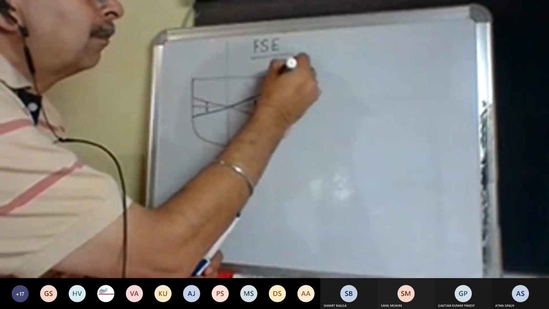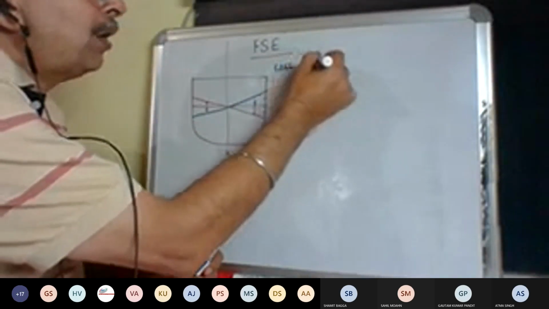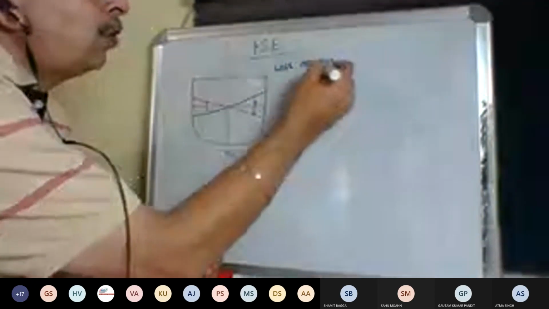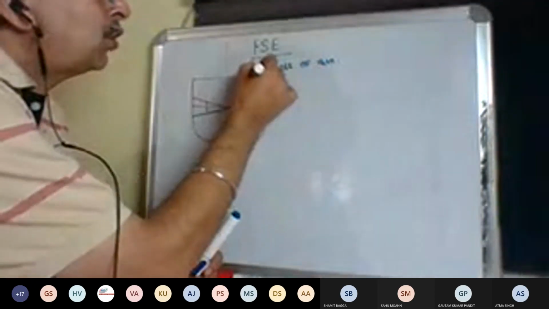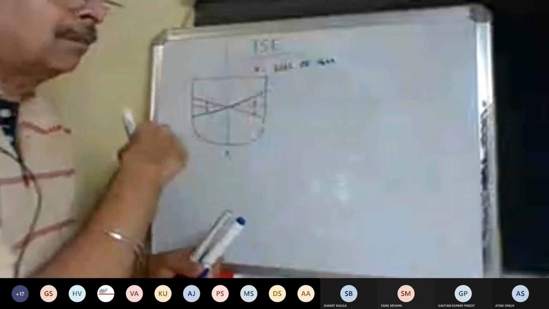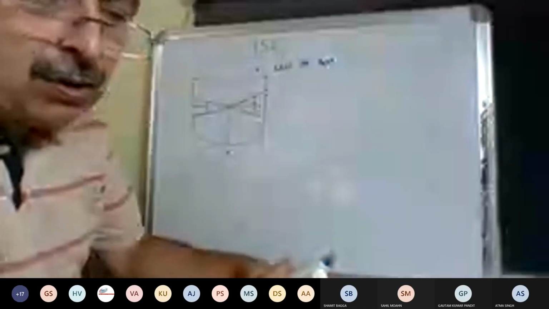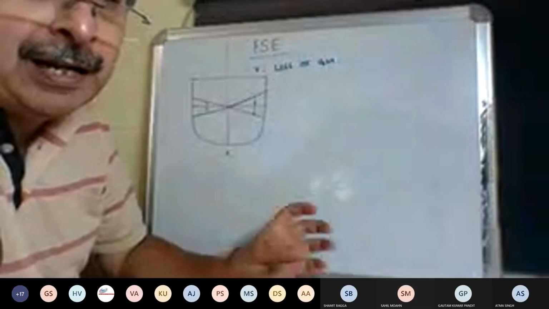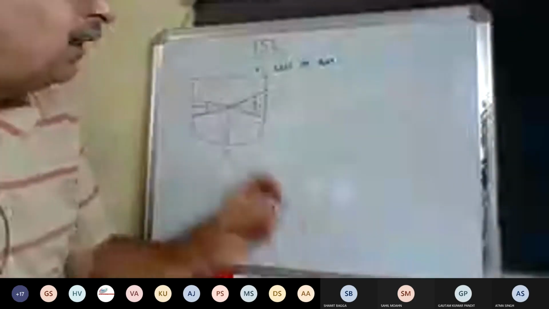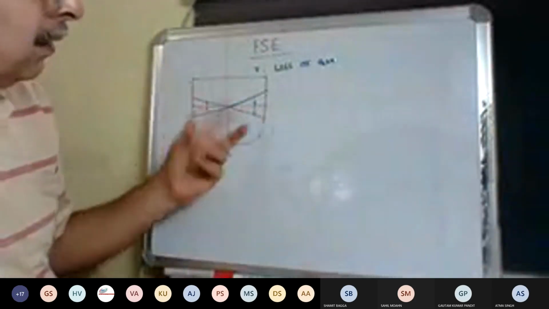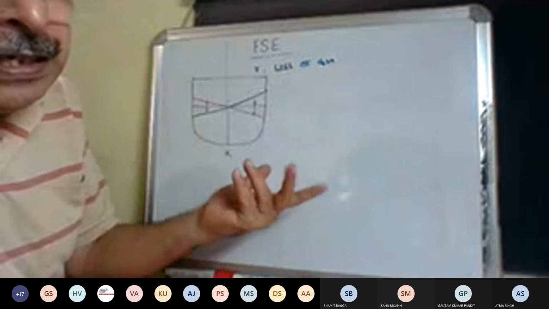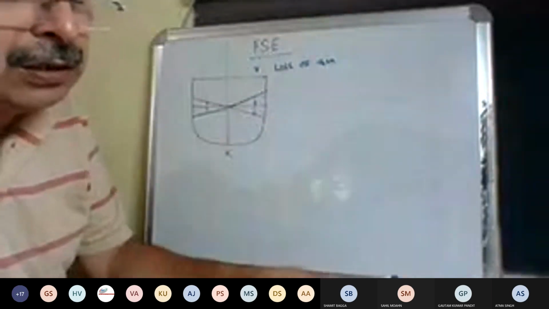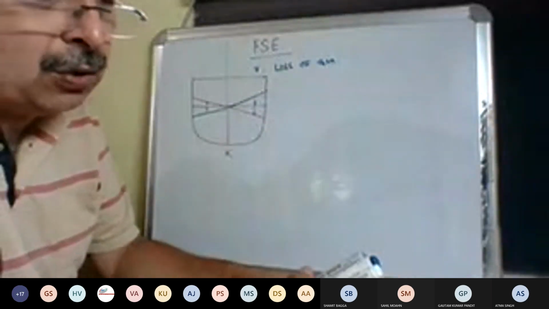This loss of GM is called a virtual loss of GM because it is not an actual loss. It's for an interim period only, because very shortly, when the next roll comes, the GM will increase when the G goes down.